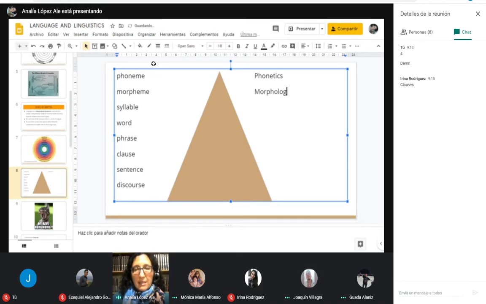Morphology, yes. Then we have words. Lexis. Then we have syntax. Phrases and clauses and sentences. Syntax, with phrase, clause, and sentence. And then we have pragmatics. Pragmatics at the end.